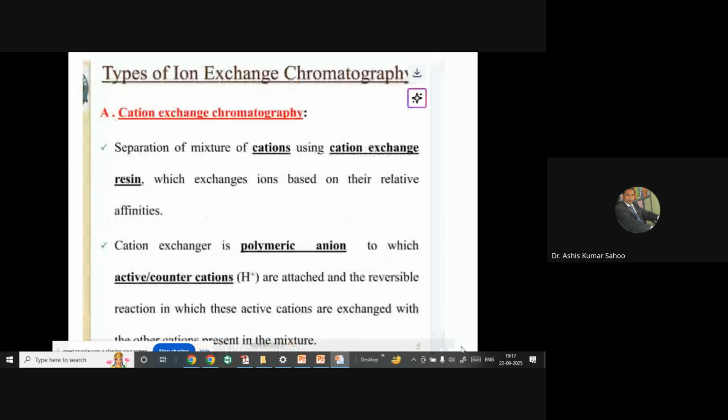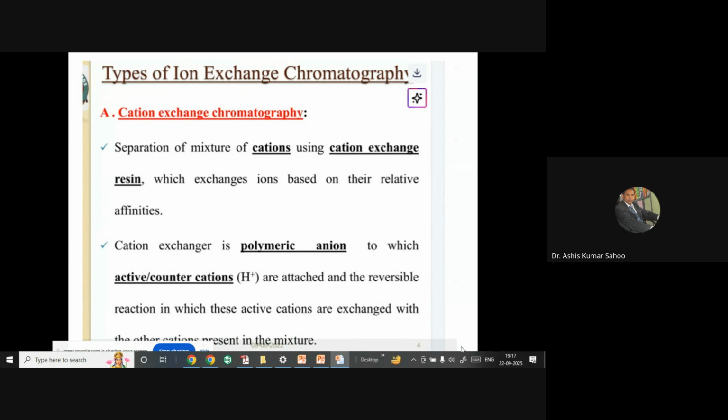We can separate cations by cation exchanger resins.